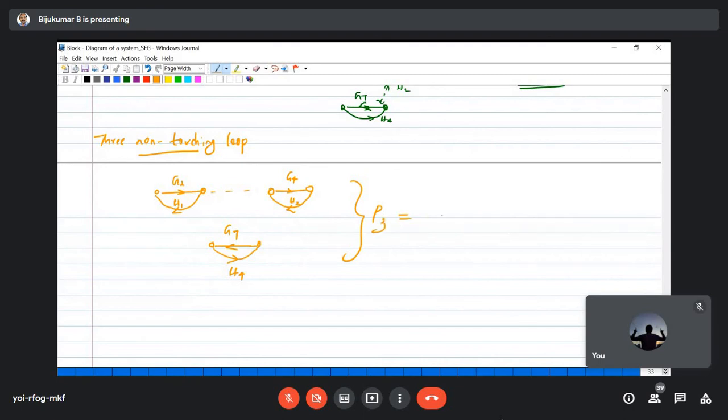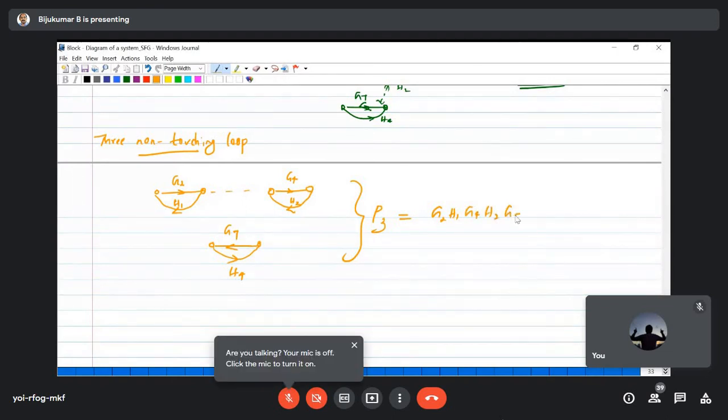So P3 can be written as G2 H1, G4 H2, G7 H4.